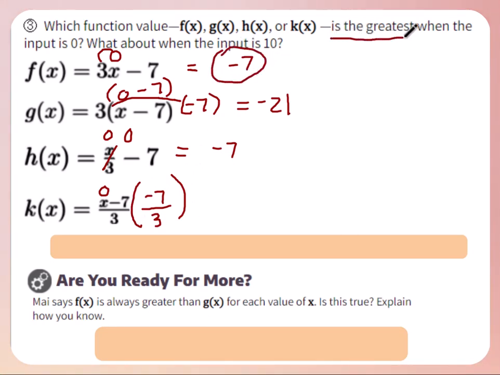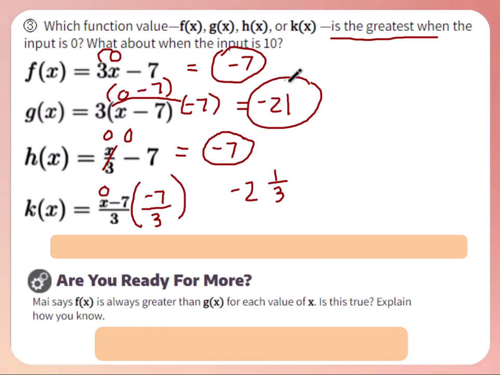And we want the greatest. So negative 7 and negative 7 are equal. Negative 21 is smaller than negative 7. And then negative 7 over 3. Let's change that to a decimal. It's going to be a repeating decimal or a fraction. 3 goes into negative 7, negative 2 times, with one remainder, negative 2 1/3.